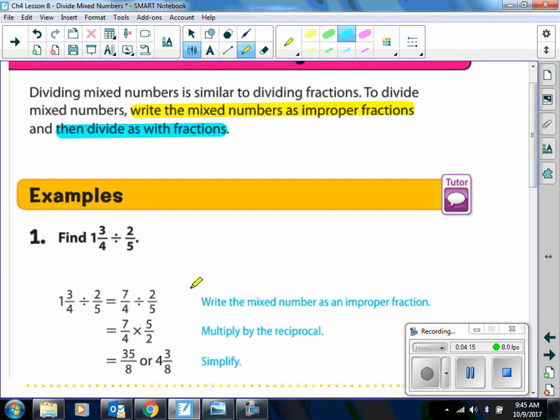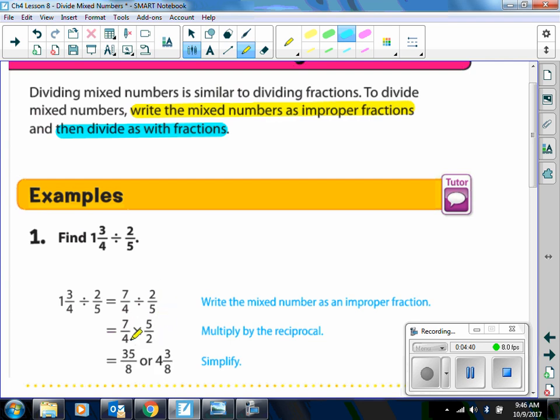So for this first example, we have 1 3/4 divided by 2/5. So the first thing we're going to do is change the 1 3/4 to 7/4. Change it to an improper fraction. And now we can keep, change, flip. Multiplying by the reciprocal, we have 7/4 times 2/5 becomes 5 halves.